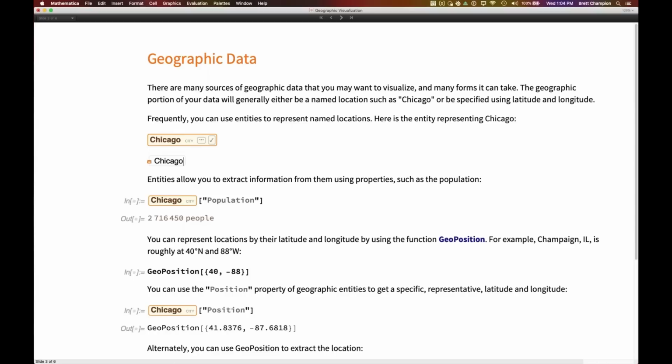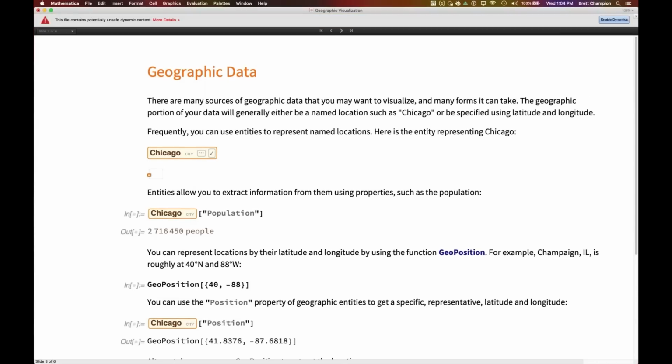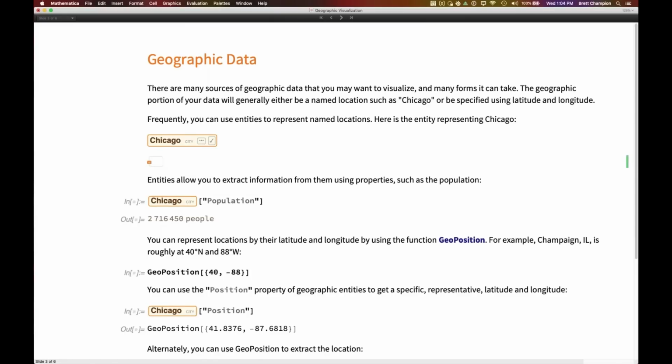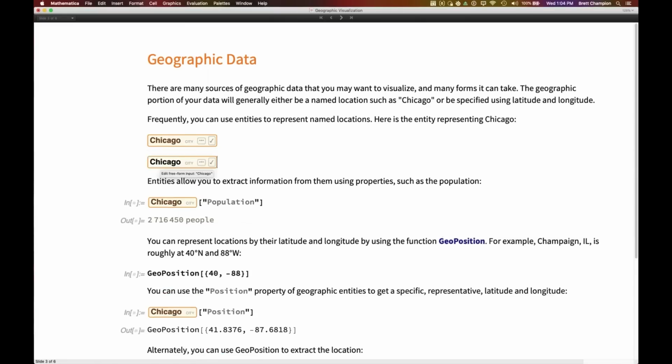It helps somewhat if I type it correctly. Let's try that again. That's a natural language processing type of thing. There's some flexibility in how I type Chicago.